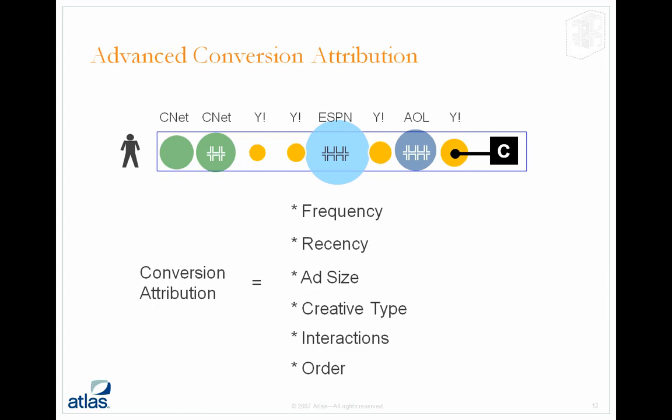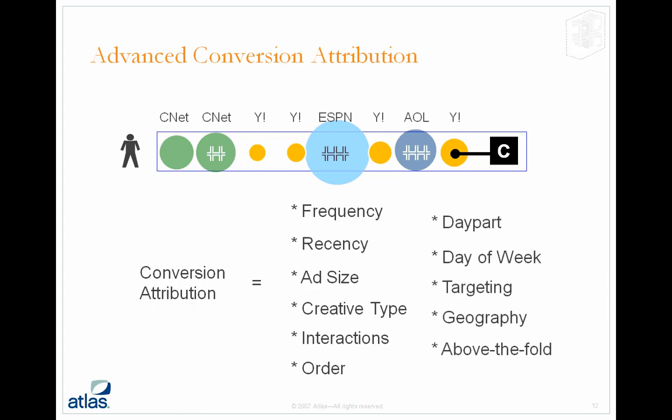There's a whole slew of other things that I'm just going to list here that aren't included right now, but I think in the long run probably will be included. And we're working on some of these immediately. Some of them are probably going to happen next year. Things like day part, when the ad was delivered, day of week. If you're working with McDonald's, say, and they were buying media from you, and you had sold them 10 a.m. to noon, you were giving them impressions then, you'd like them to be able to take that into account as they are evaluating your creative.